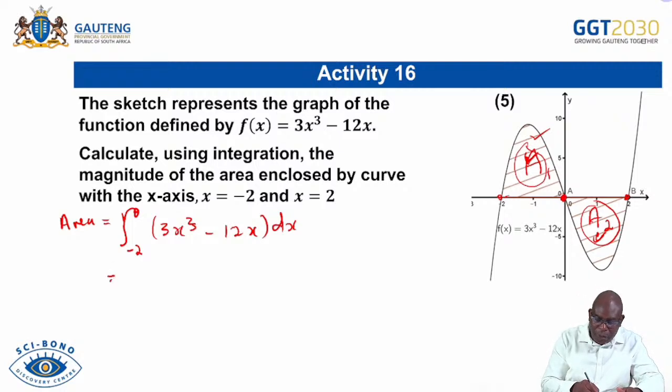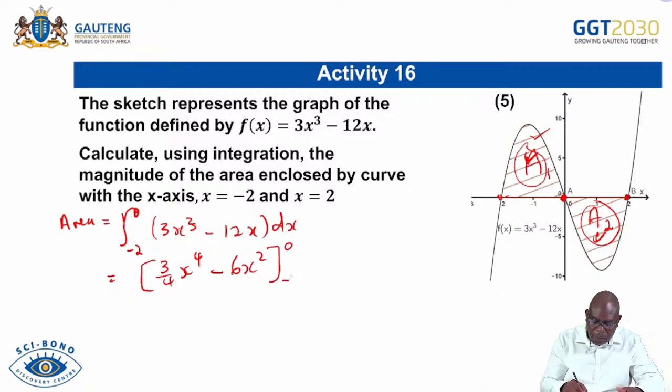So I'm now going to integrate this. I'm going to have 3 over 4 x to the power of 4 minus 6x squared, and my boundaries now are 0 and minus 2. If I substitute this, I'm going to have this part here minus this part there.